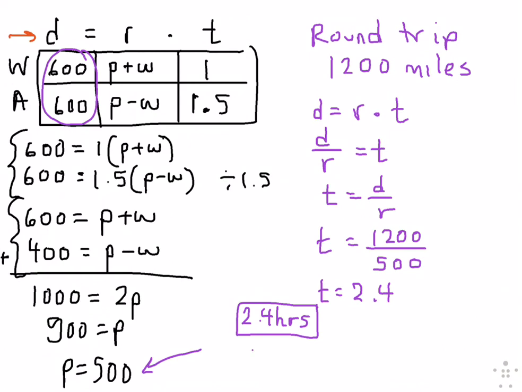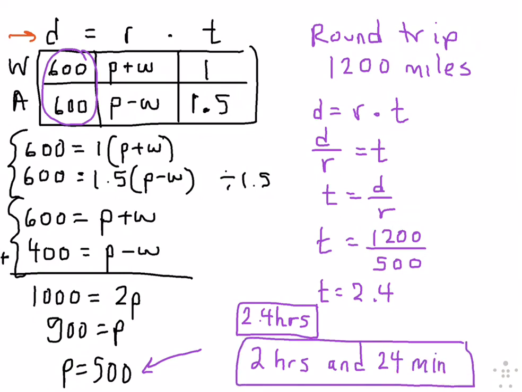So this would be 2 hours, and then 0.4 of an hour. 0.4 times 60 is 24. So we'd say 2 hours and 24 minutes. I would think that's a nicer answer for this problem, but 2.4 hours would not be incorrect.